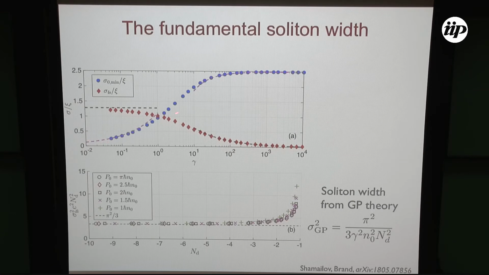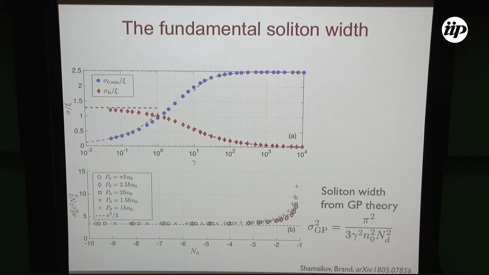So there's a minimum width that is available here, which is given by these blue dots. And that will become dominant if you go into the strongly correlated regime. So the minimum width that you can make is eventually dominated by linear physics, whereas the interesting nonlinear physics becomes just a small correction.